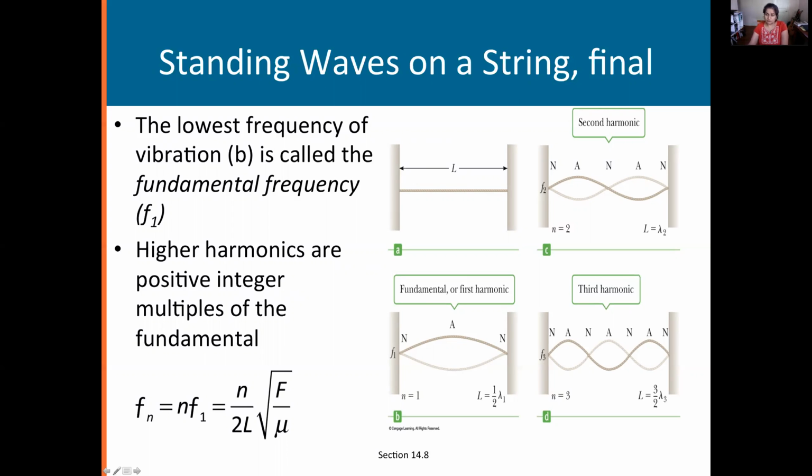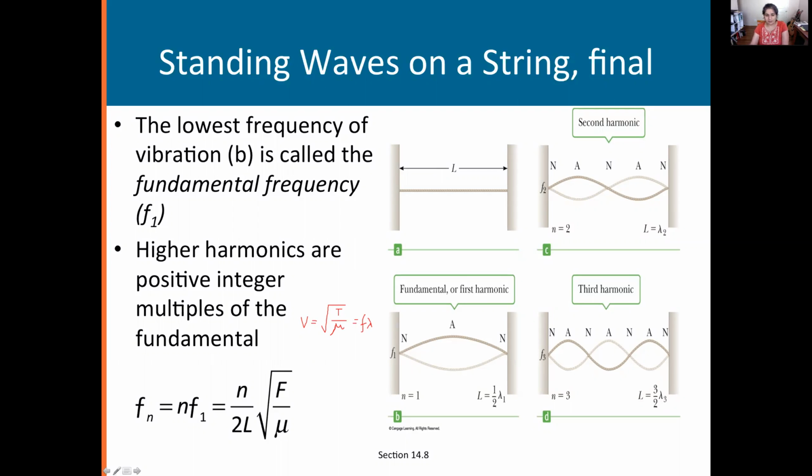And we know that on a string, the fundamental frequency, we know the velocity formula, so let's get it from there. Okay, we know on a string, we saw this before, that if F is the tension in the string, and mu is its linear density, yeah, this is mu, then this is the wave velocity, but v is also equal to f lambda. We saw all of this in the previous chapter.